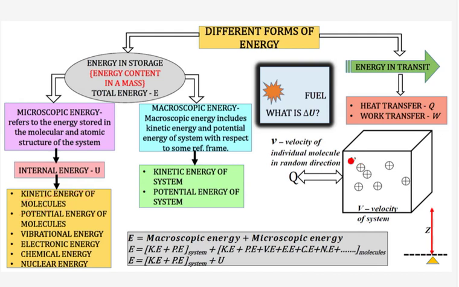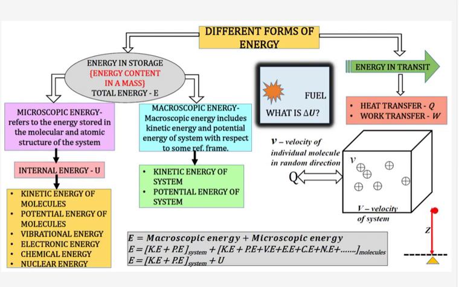But what is this kinetic energy of system? Let's say this full gas is my system, and from some reference, this is my ground, and this is at some z height from the ground. Now if I drop this box, what will happen?